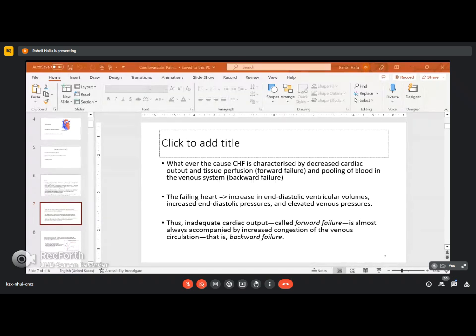What does that mean? How does it result in elevated venous pressure?